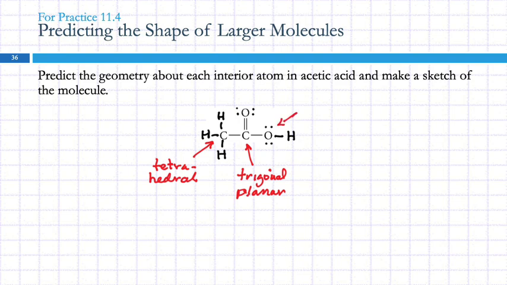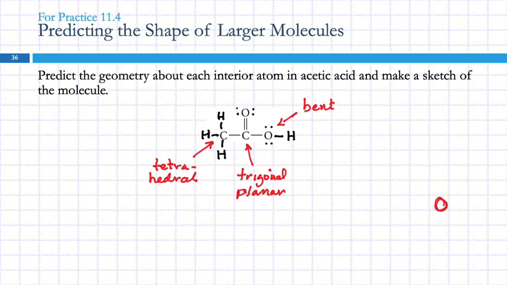And this oxygen. 4 electron groups, so tetrahedron. 2 of them are invisible. Bent. Okay. Now it says make a sketch of the molecule. I won't make you do this.